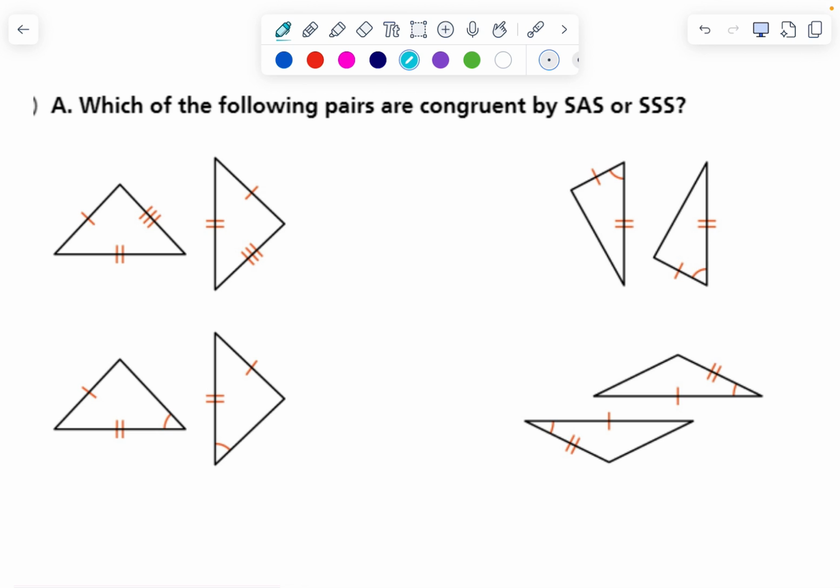And then by which theorem? I'll let you look at all four and then we'll discuss them in maybe 20 seconds or so.